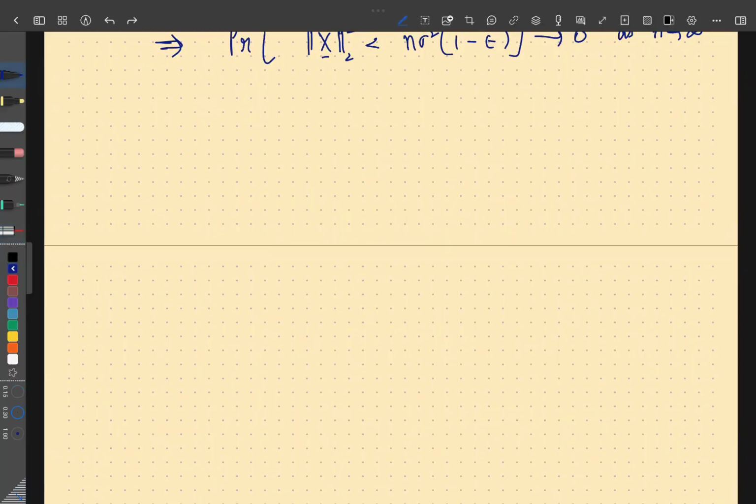Okay. So now what we saw is that if the vector x has subgaussian components, then the norm square is subexponential. But what about the norm itself? Can we say something about the norm?